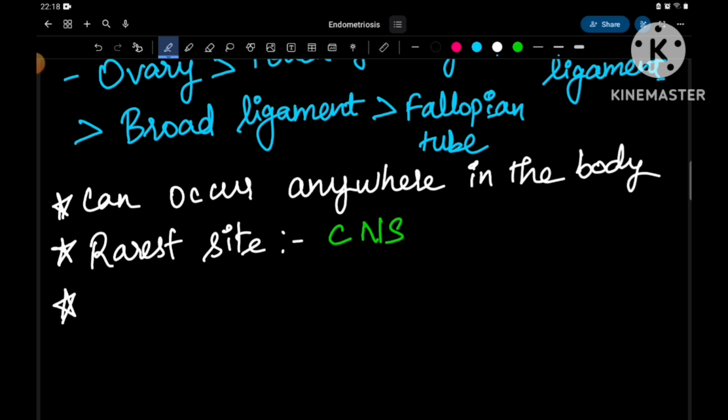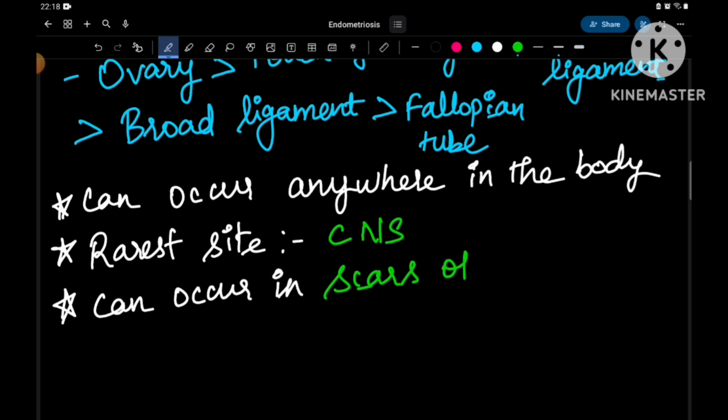Okay, next thing is, what are the other sites where it can occur? It can occur in scars of previous surgeries.